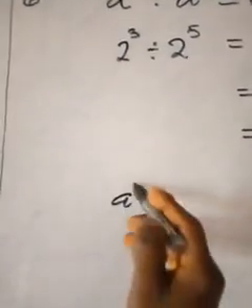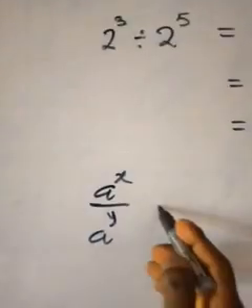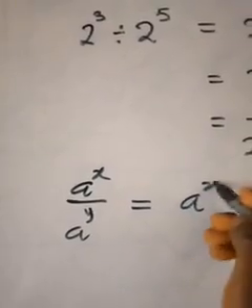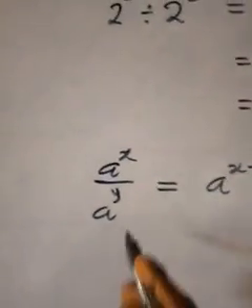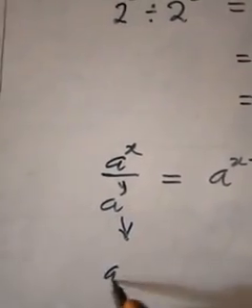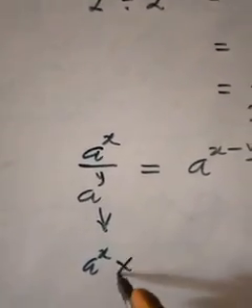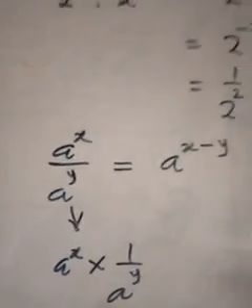The sixth law can be written as a raised to power x divided by a raised to power y. This is the same as a raised to power x minus y. If you look at this, it can be written as a raised to the power x multiplied by 1 over a raised to the power y.